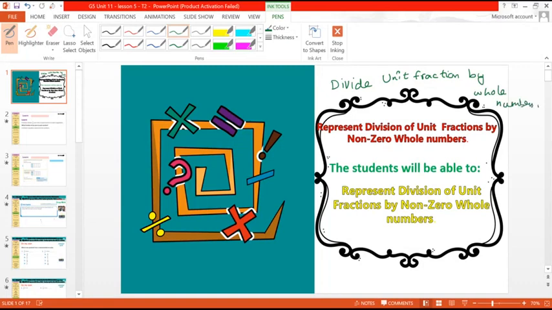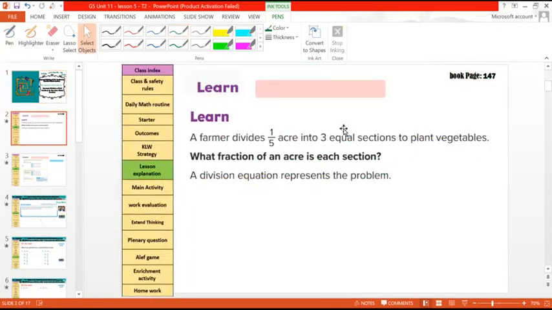All right. So look at this question on page 147. A farmer divides one fifth acre into three equal sections to plant vegetables.